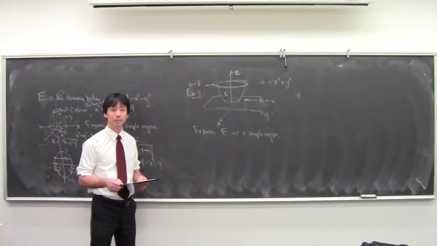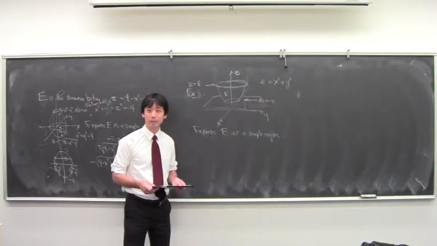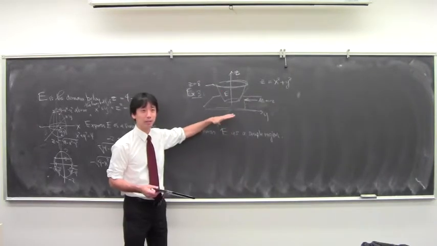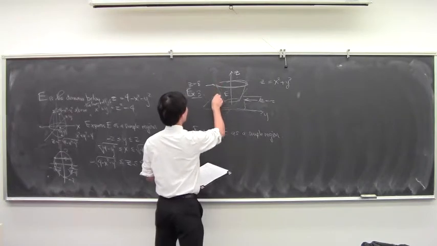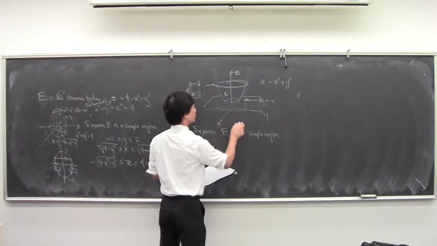Okay. So, how did people project? What projection did you take? Did you go onto the xy plane, take the shadow there? No, right? Because it wouldn't be that bad, but you wouldn't be able to express it as a simple region.